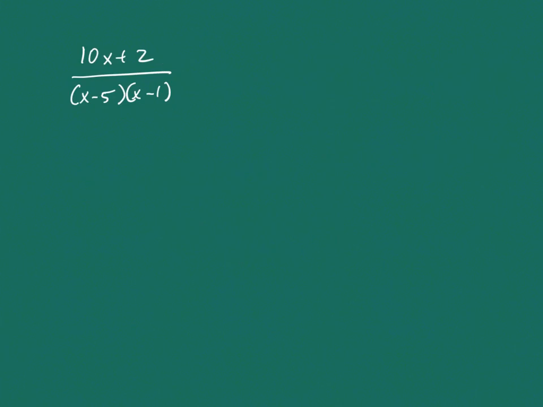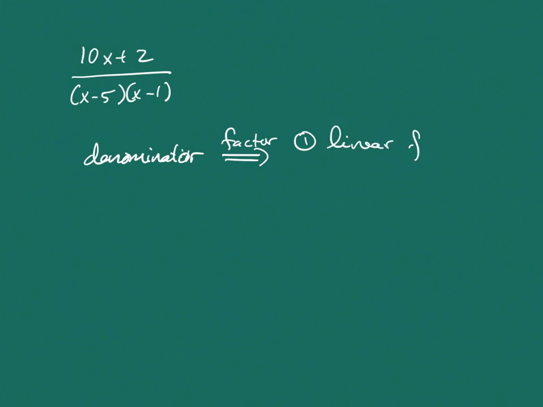And the answer is yes, we can find these a's and b's, and so how do we go about doing that? So what it comes down to with our partial fraction decompositions is, when we factor the denominator, we are going to get one of two things. The denominator, when we factor it, will either give us linear factors, or it will give us irreducible quadratics.